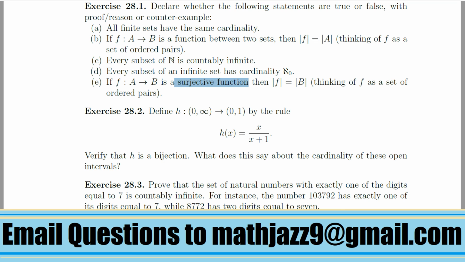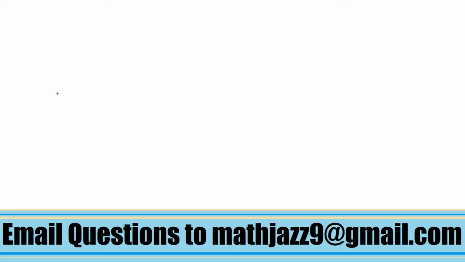So let's write this out. Let's say f goes from the set containing 1 and 2 to the set containing 1 by f of 1 equals f of 2 equals 1. So this function takes every element, there are only 2 of them, and sends them to 1. 1 goes to 1, 2 goes to 1.